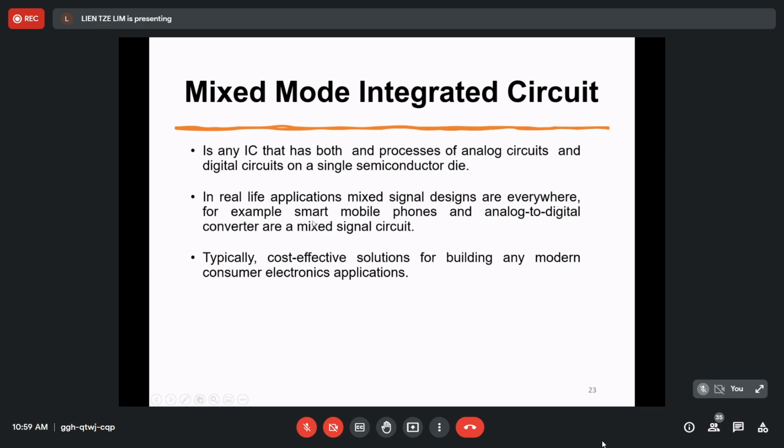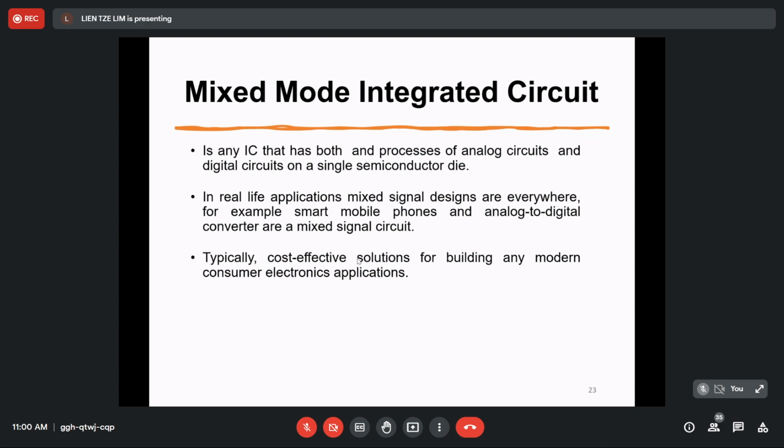For example, smartphones and analog to digital converters are mixed signal circuits. Typically, they are cost-effective solutions for building any modern consumer electronics applications.